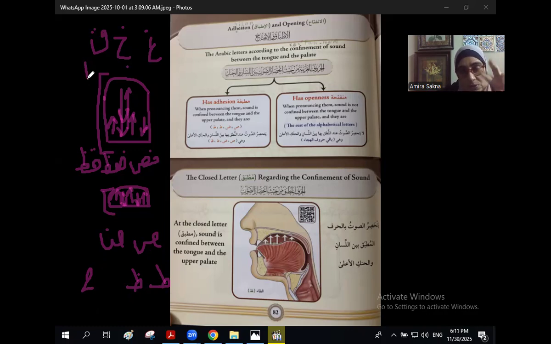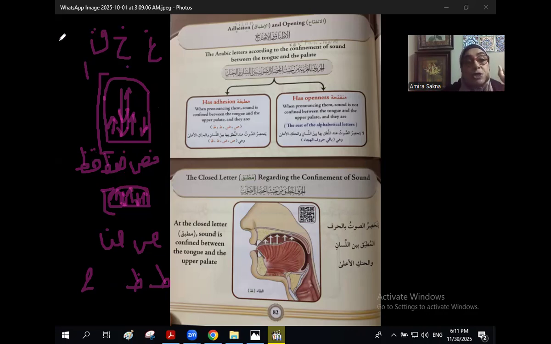We talk about the third and the fourth. Now, we are not talking about the first and second of the characteristics with opposites. We are talking about استعلاء, استفال, and إطباق, إنفتاح. Regarding those two characteristics, غين and kha and qaf have only one strong characteristic, which is elevation, استعلاء, while they are منفتح, opening, because the sound is not confined like here between the tongue and the upper palate.